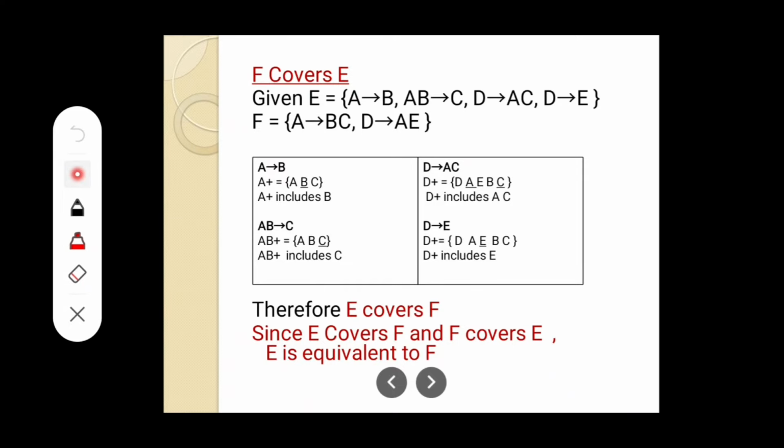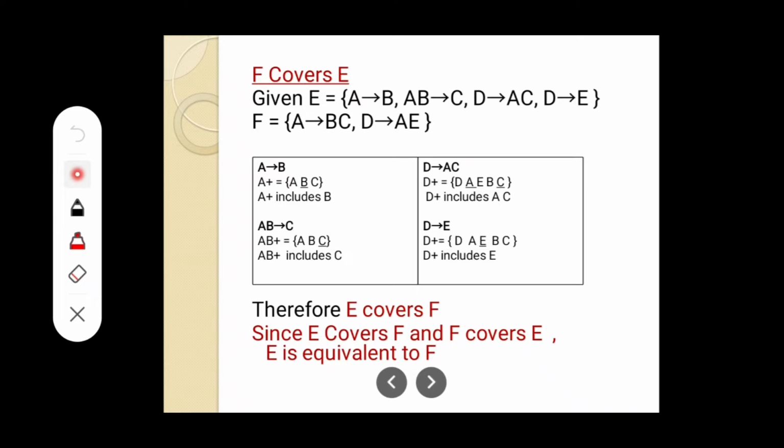Next functional dependency is D determines AC. We find the closure of the LHS, D closure. The first value is D itself. Anything starting with D? Yes, AE, so we write AE. Anything starting with A? Yes, A determines BC, so we write BC.